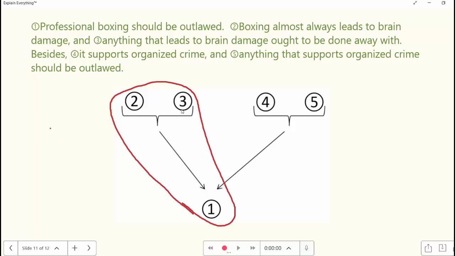So 2 and 3, the information contained is by itself enough to suggest that 1 is true. And then in the same kind of pro-con way that we've been talking about, adding up a bunch of pros or adding up a bunch of cons, we additionally have 4 and 5 all by itself, right? 4 and 5 working together, but independently of 2 and 3, getting us to 1 being true.